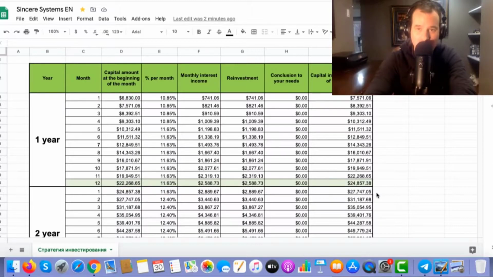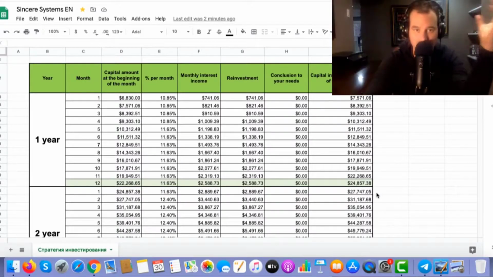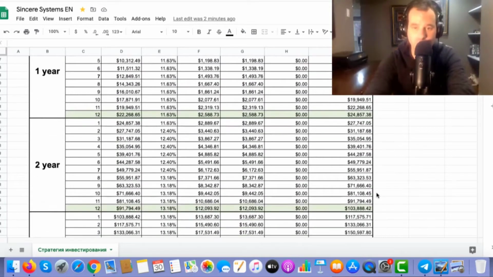If you compound for 2 years, you can make more of a monthly income than your original investment, which is crazy. So if we go here for 2 years, this is compounding from $6,830 for 2 years. And on month number 25, 24 months in a year, month number 25 here, guys, you've turned $6,830 into $117,575, and you've given yourself a $13,687 a month U.S. residual income.